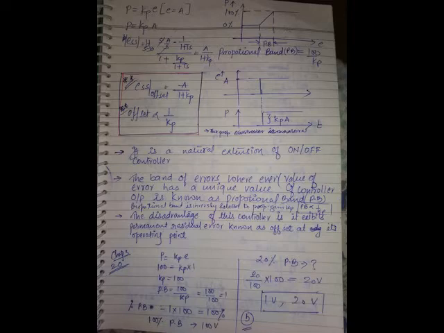So let us check that. That means whether this error is becoming completely zero or not, we have to check. How to check that? You have to evaluate. This should become zero. Let us evaluate that. Limit s tends to 0, s times A by s, R by RCs plus 1 by 1 plus R by Tis into 1 plus Ts.